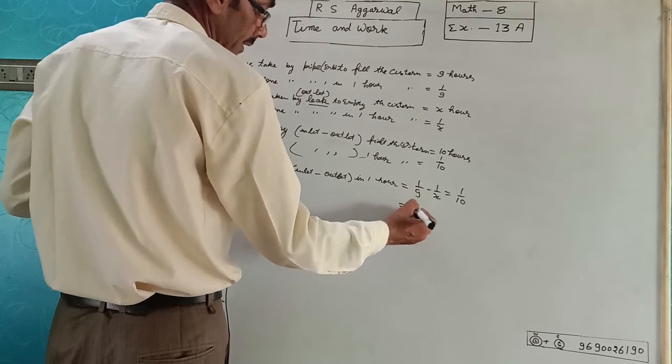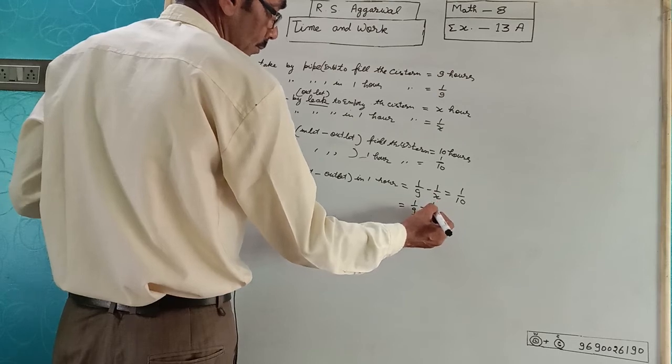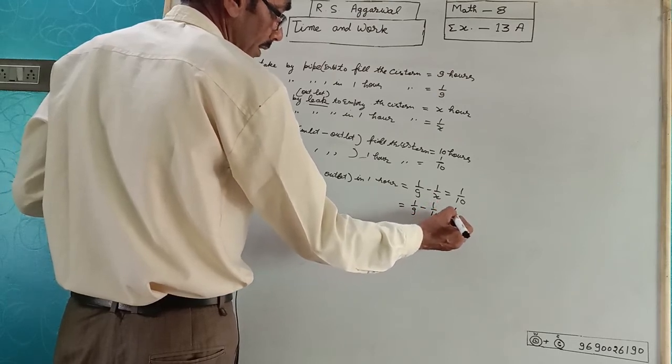So 1 upon 9 minus 1 upon 10 is equal to 1 upon x.